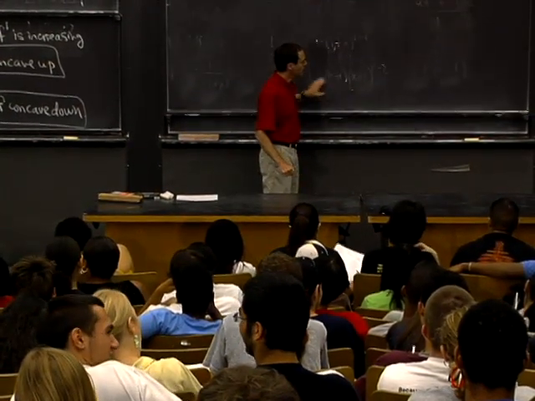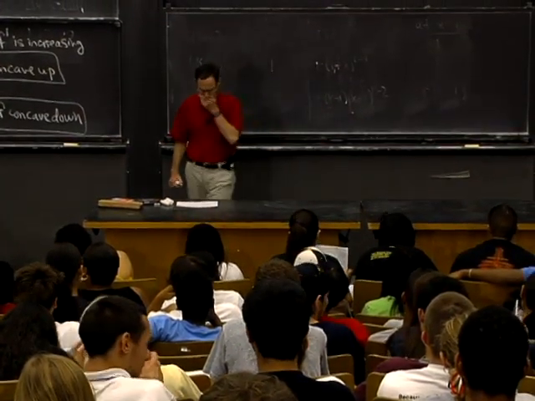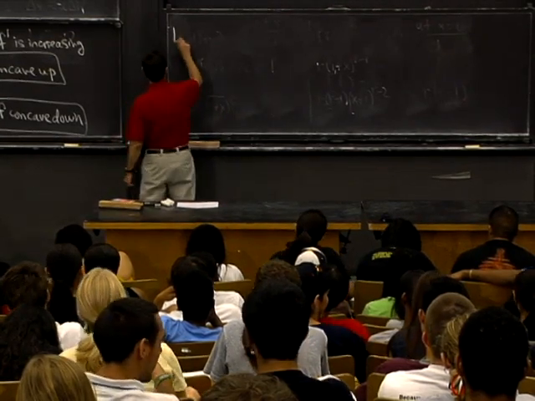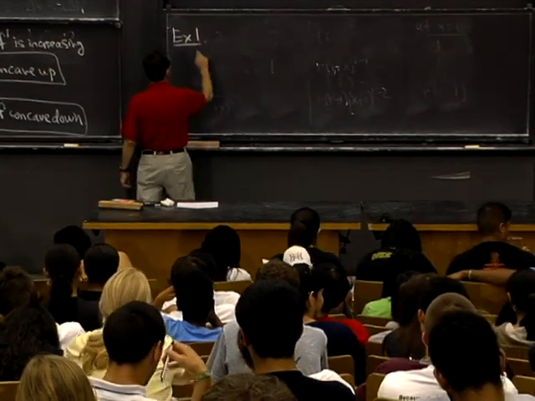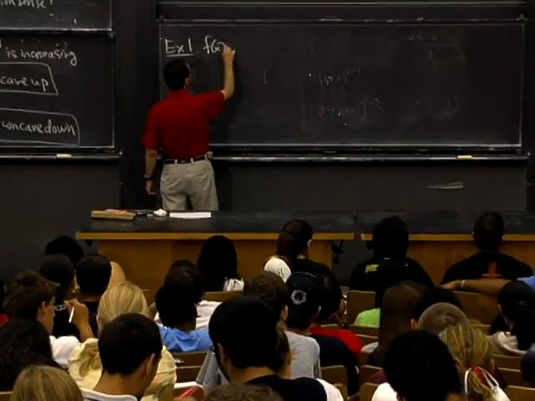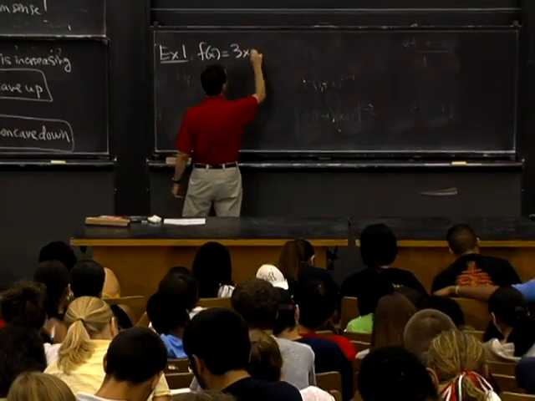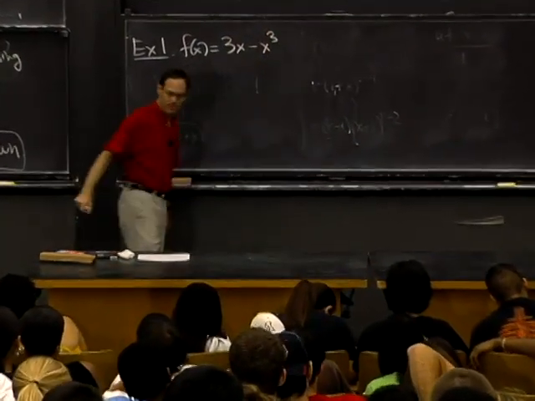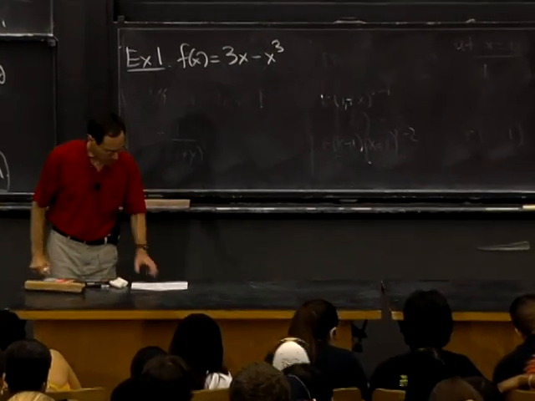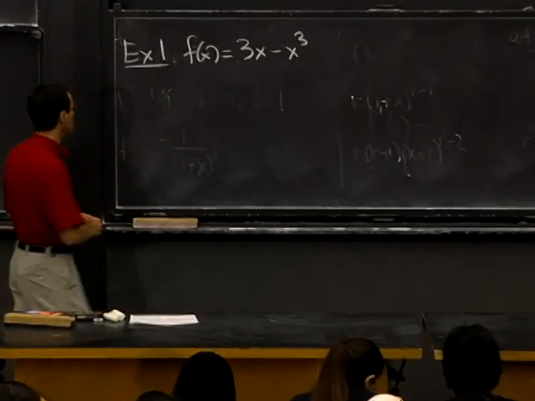So let's begin with a straightforward example. The first example that I'll give you is the function f of x is equal to 3x minus x cubed. Just as I said, to be able to introduce all the notations.